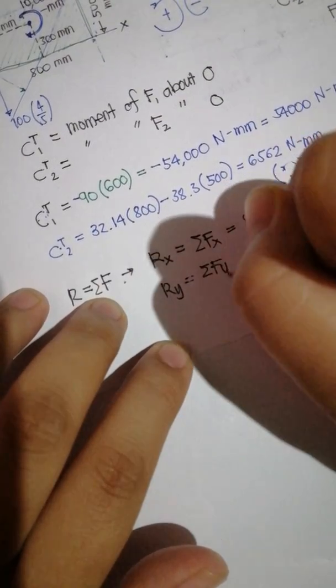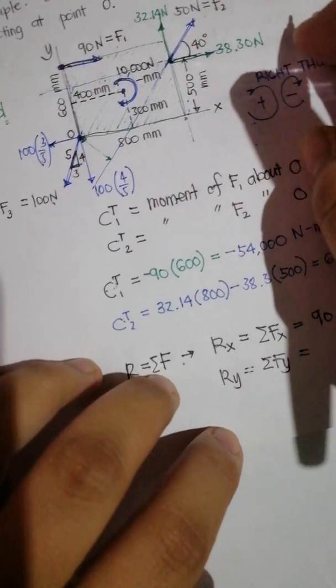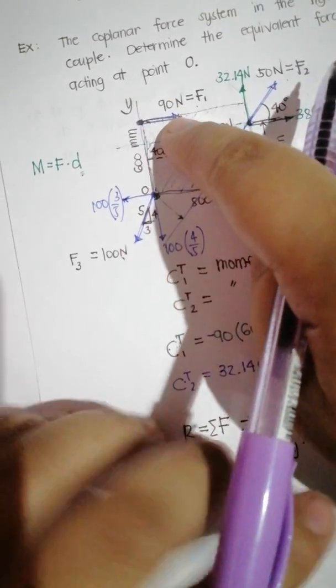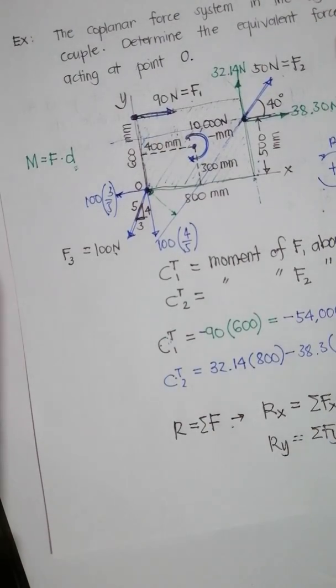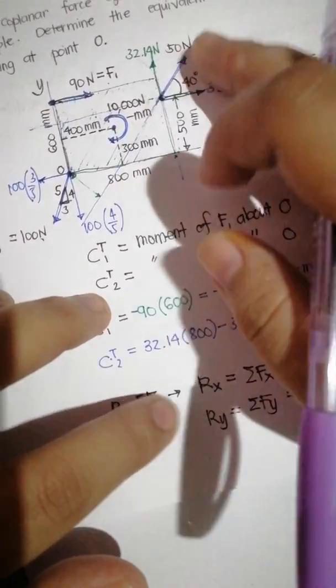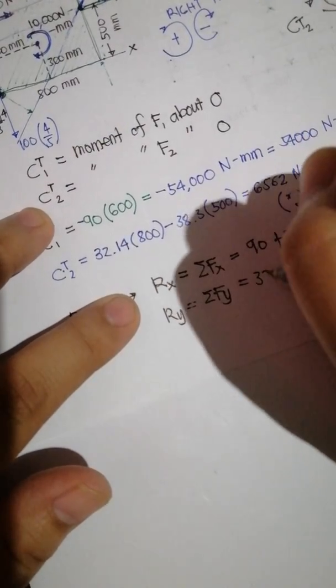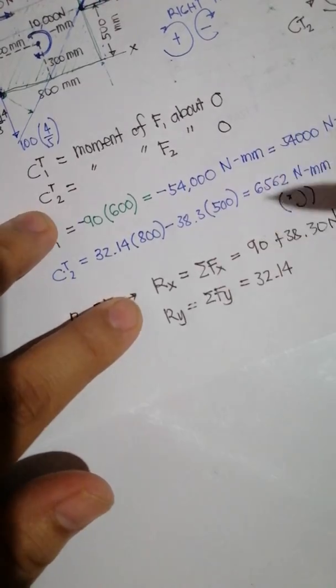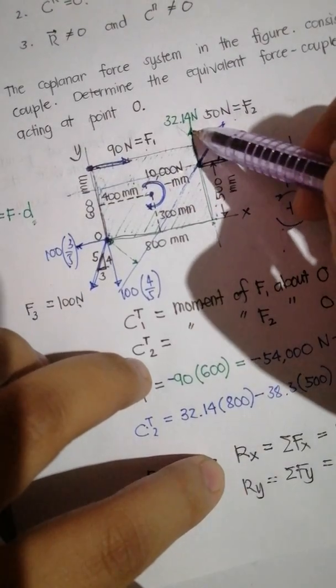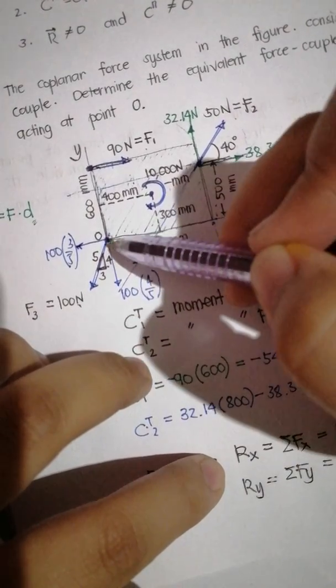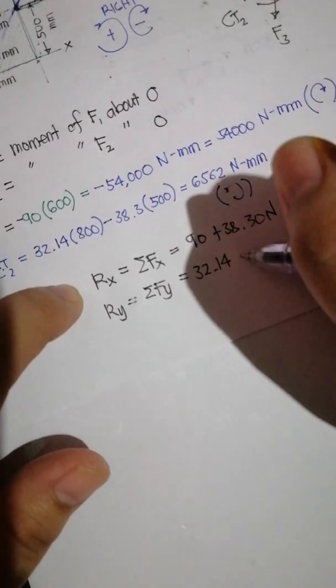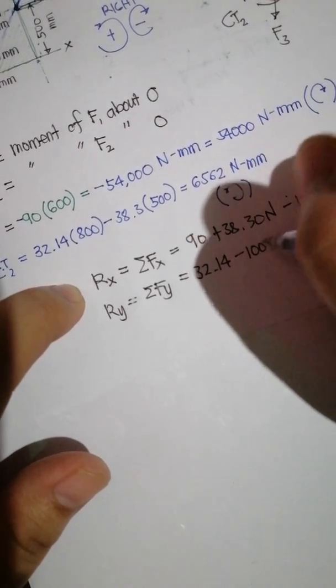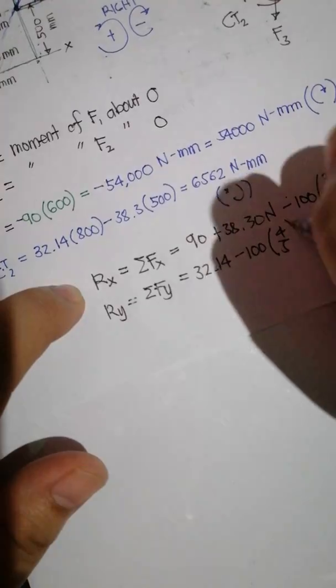Add lang natin lahat ng y components. So, we have for the 90 Newton, it has no y component because it acts directly along the x-axis. For 50, that's 32.14 since it's upward. Then we consider negative for the 100 Newton load since it's downward. So, we have negative 100 times 4/5.